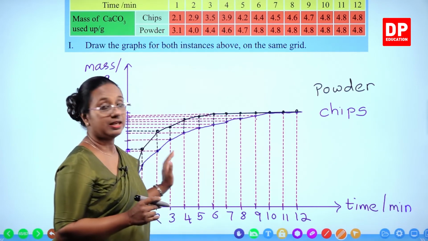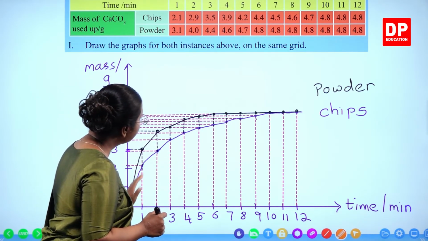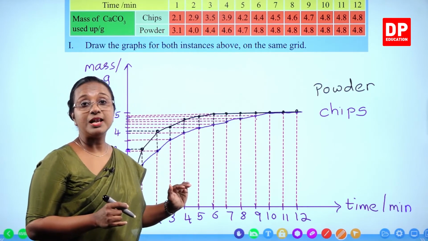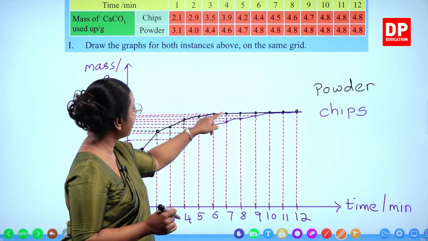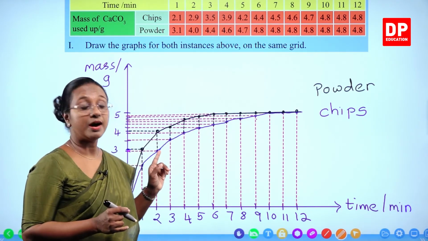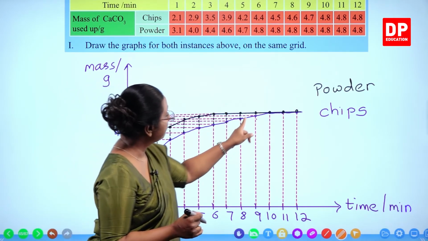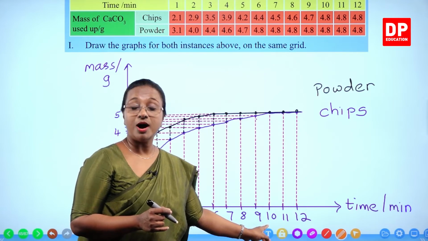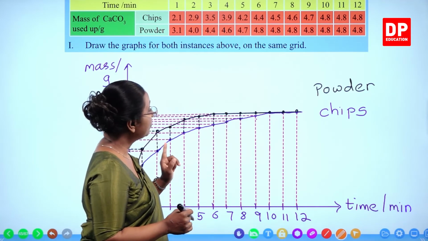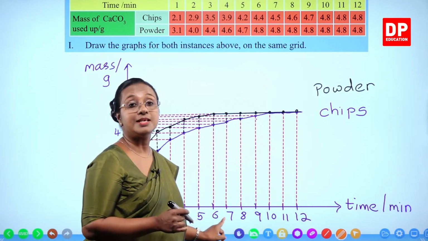So immediately just by looking at the graph you all can easily understand when we use chips, that is the blue color curve, the rate is slower, whereas when we use powder the rate is faster. And also you can easily understand when we use chips the reaction completes at or after 10 minutes, whereas when we use powder the reaction completes in 6 minutes.